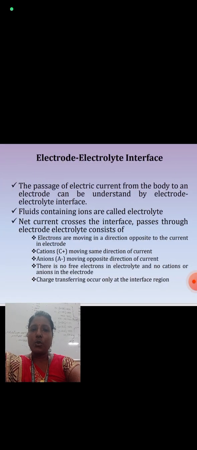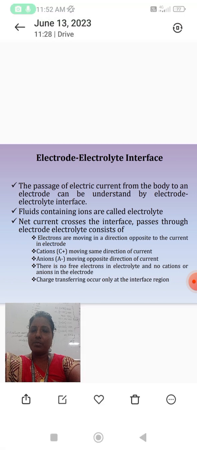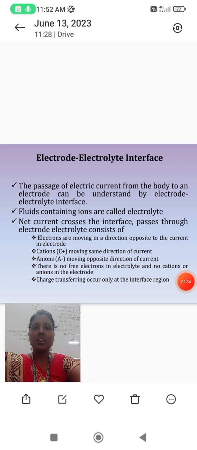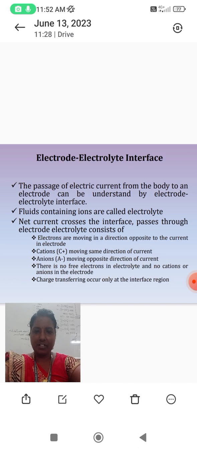Now, the electrode and electrolyte interface. How does an electrode receive the ionic voltage from our body? When an electrode is placed, the flow of electric current from the body to the electrode can be understood by the electrode-electrolyte interface.